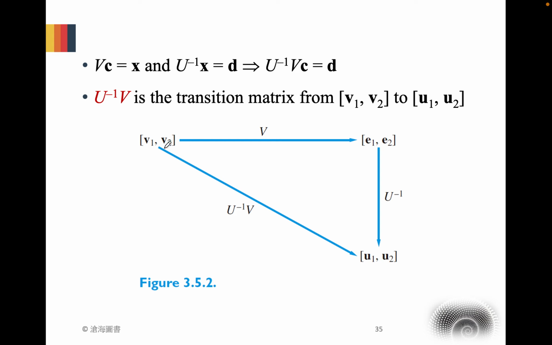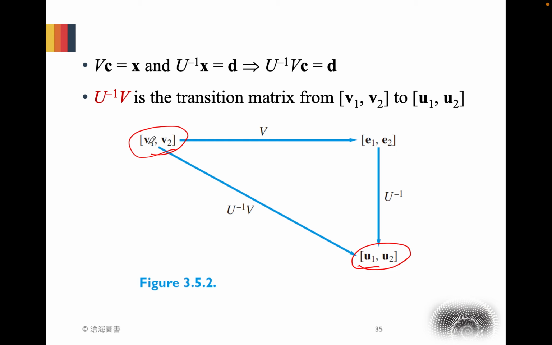Originally we want to transform the coordinate vector with respect to V1, V2 to U1, U2. And we know that the transition matrix is U inverse V, right? In fact, we can separate this transition into two parts.